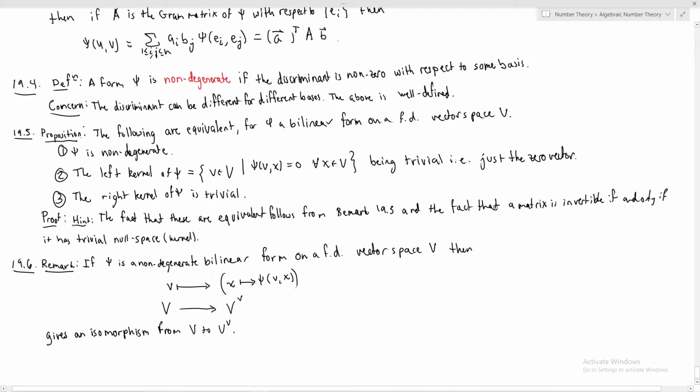Okay, so this is where this non-degeneracy condition comes in. If psi is non-degenerate, then there's an isomorphism from V to V dual described by psi.